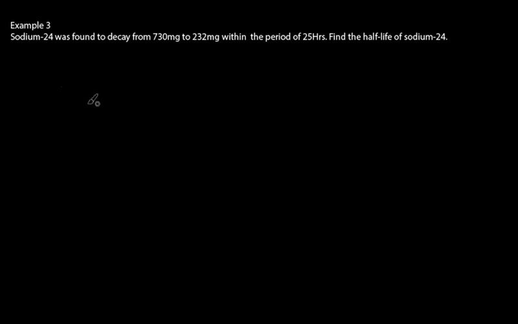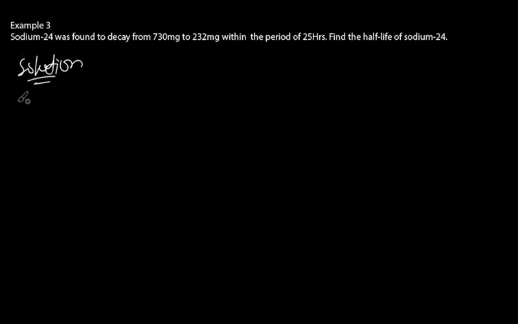Let's have a look at one final question. Sodium 24 was found to decay from 730 milligram to 232 milligram within the period of 25 hours. Find the half-life. So we have the solution.